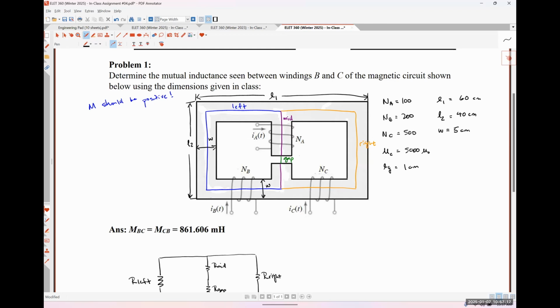Sorry, I have one more dimension here, L3, and I'm trying to figure out what it would be just based on my MathCAD sheet right here. Okay, let's put L3 here as 10 centimeters.